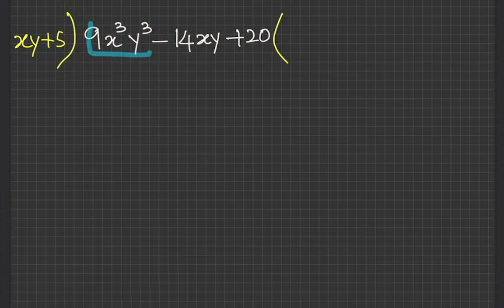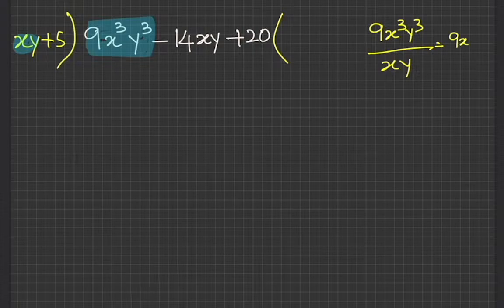Now I have my first term in the dividend, which is 9x cubed y cubed, and the first term in the divisor is xy. So when I divide 9x cubed y cubed by xy, what I get here is 9x squared y squared. Now this is going to be my first term of the quotient, and with this I'm going to multiply the divisor.